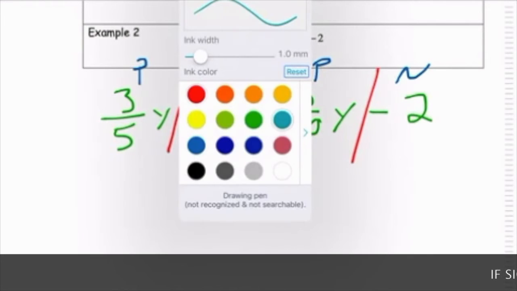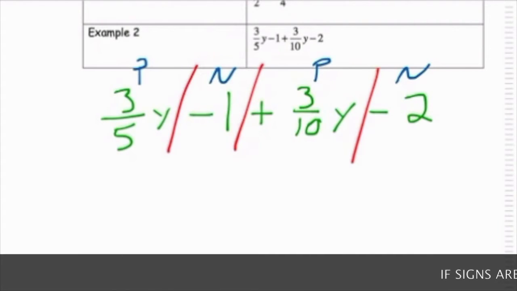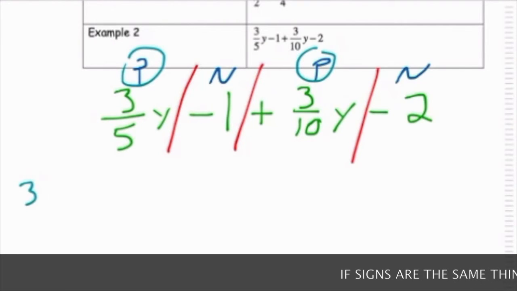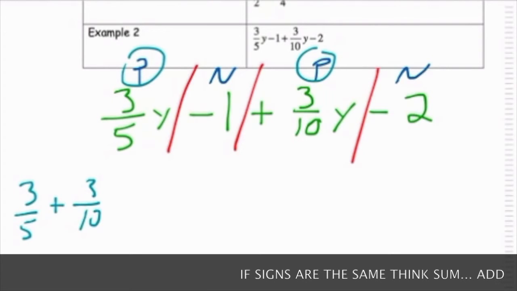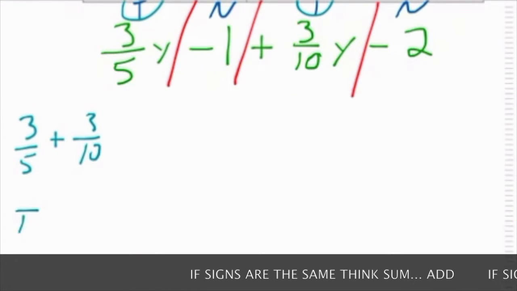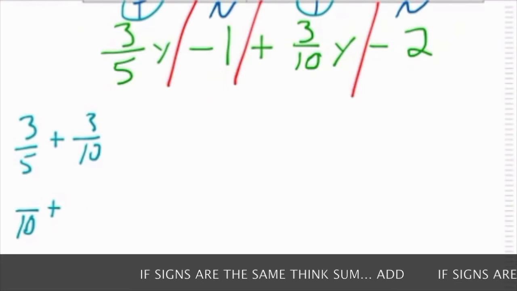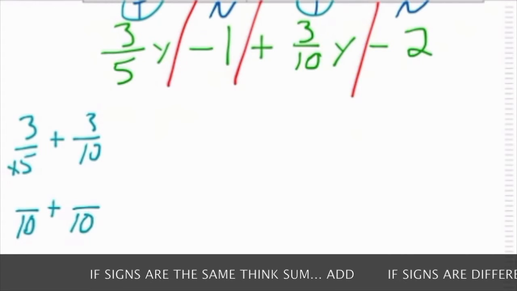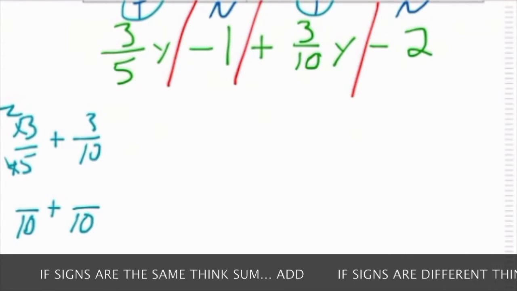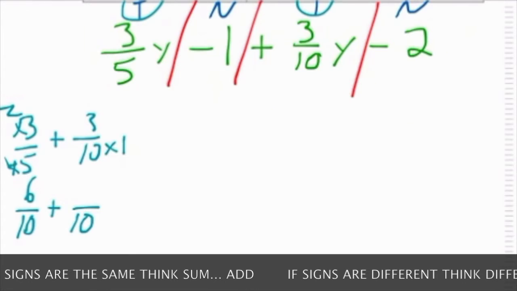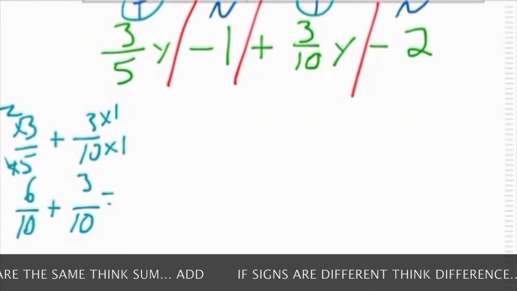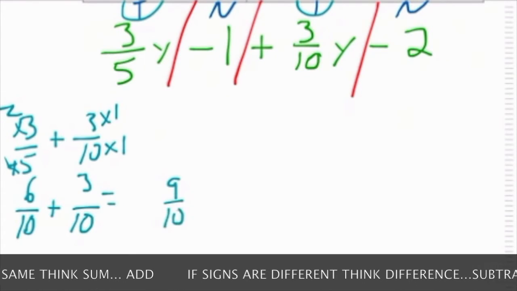The two y's are both positive, so signs are the same. So I'm going to add 3/5 plus 3/10. The LCM is 10. So times 2, times 2, which is 6, times 1, times 1, which is 3. I add and I get 9/10.